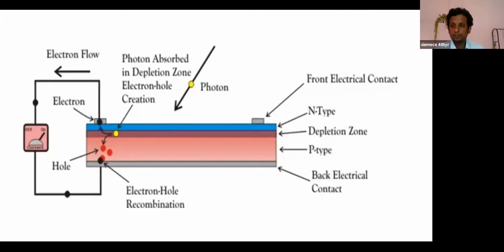If we connect a small load across this junction, we can observe a tiny amount of current. Here you can see that we have placed a current meter in this diagram.